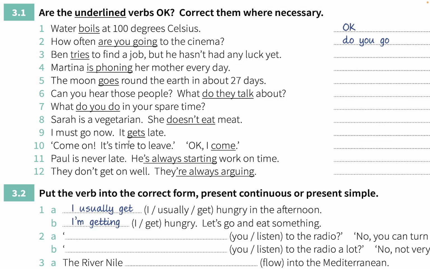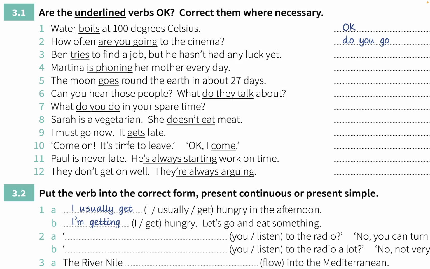Okay. Who wants to start number 3? Ben tries to find a job, but he hasn't had any luck yet. I think the answer is okay. No. The correct tense for this is the present continuous.